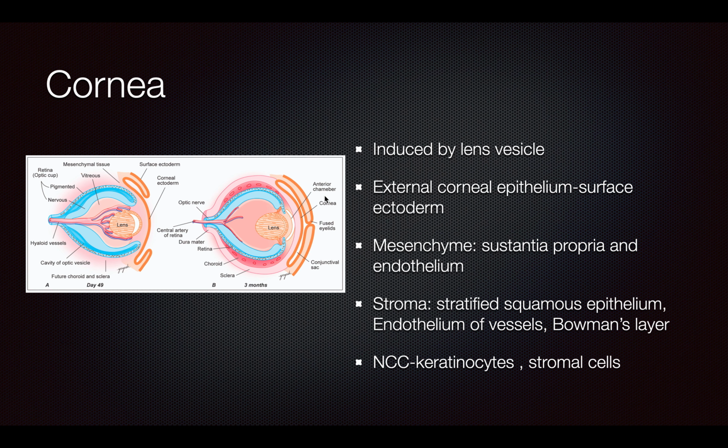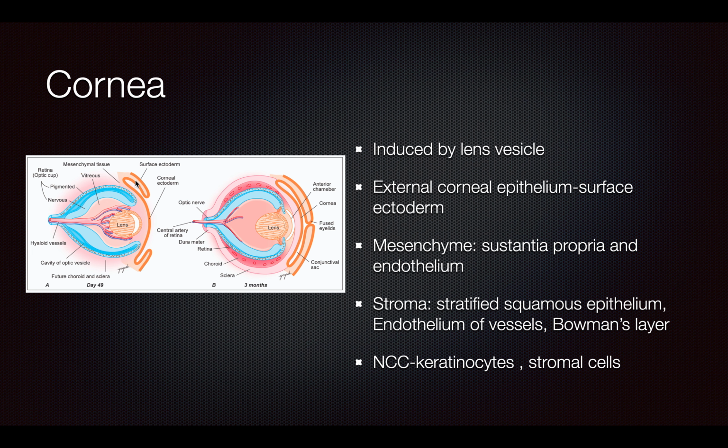The cornea is going to form once it's induced by the lens vesicle, and the external corneal surface is going to be made out of the surface ectoderm. And the mesenchyme is going to be forming the substantia propria and the endothelium. The stroma is formed from the stratified squamous epithelium, the endothelium of the vessel, and the Bowman's layer.